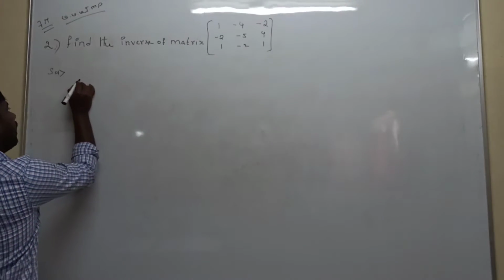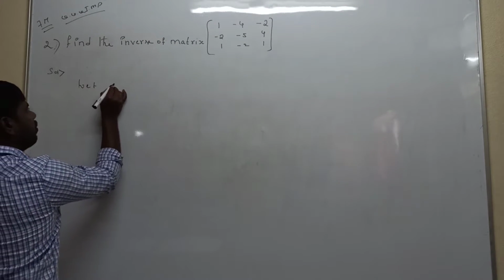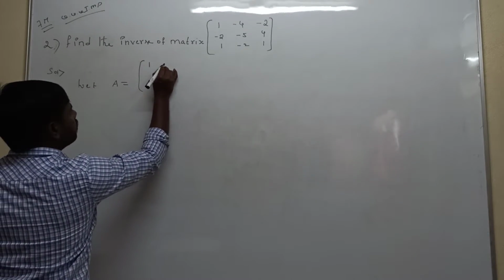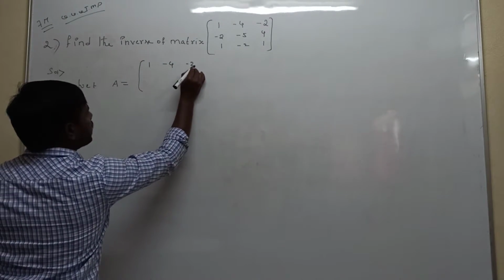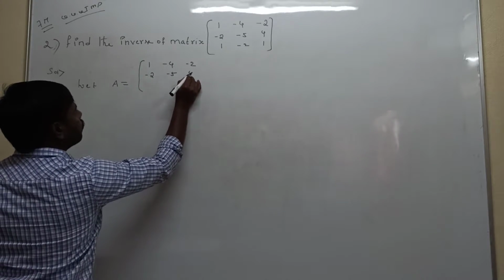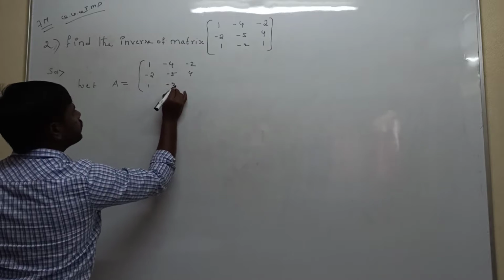First we are assuming the given matrix to be capital A, equal to 1 minus 4 minus 2, minus 2 minus 5 4, 1 minus 2 1.